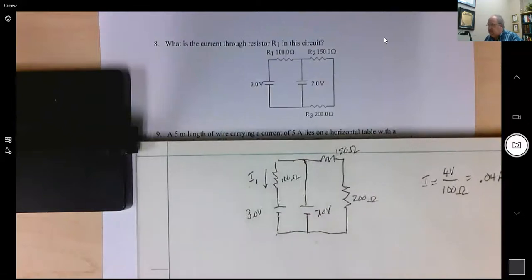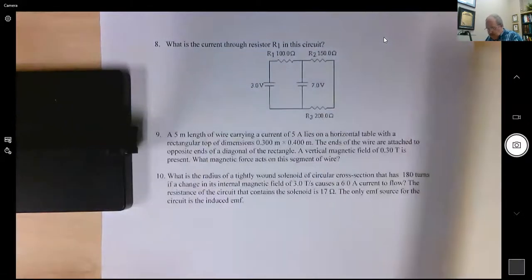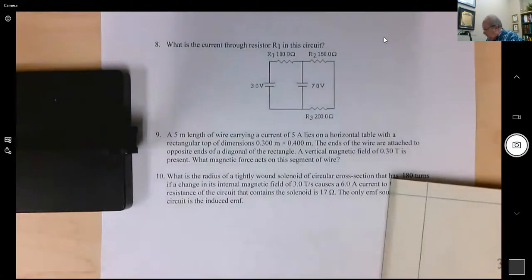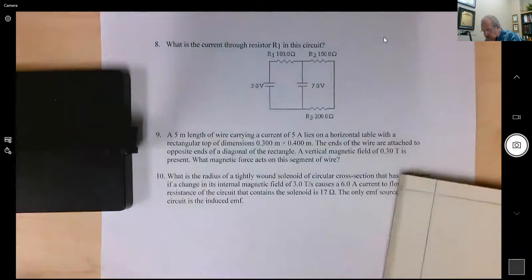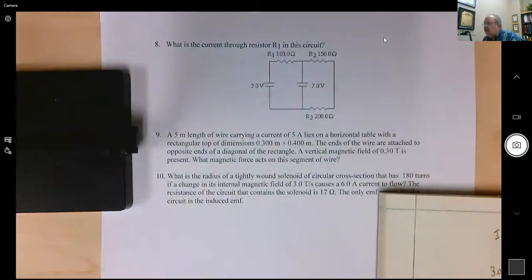Okay, pretty simple problem. Next we have a 5-meter length of wire carrying 5 amps, lying on a horizontal table with a rectangular top with dimensions 0.3 meters and 0.4 meters.